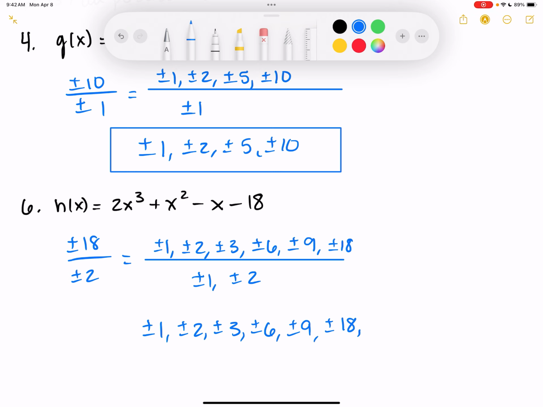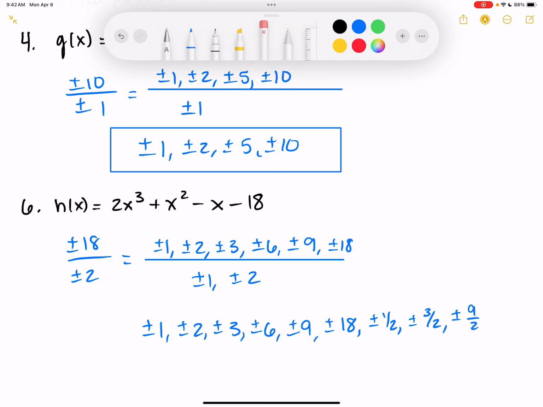Now the 1's over 2, so that's going to be plus or minus 1 over 2. 2 over 2 is just 1. I've already got that. Then plus or minus 3 over 2. 6 over 2 is 3, which I already have written, so I don't need that one. Then plus or minus 9 over 2. And then the last one, plus or minus 18 over 2, that would reduce to 9, so I don't need that one.